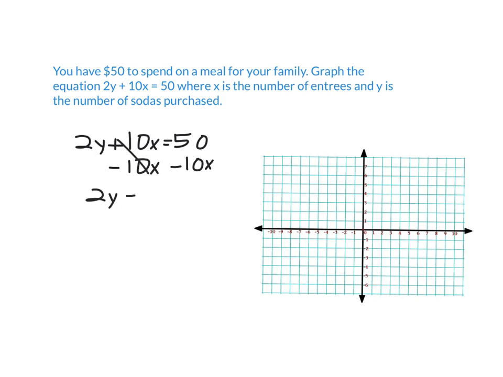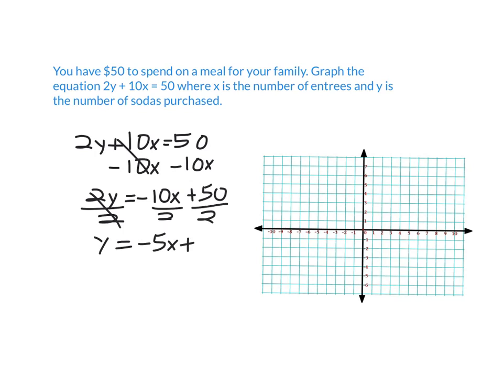I get 2y equals negative 10x plus 50. Then I divide all my terms by 2. This cancels out. I get y equals negative 10 divided by 2 is negative 5x, plus 50 divided by 2 is 25.